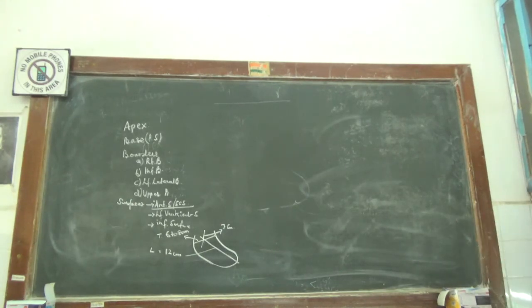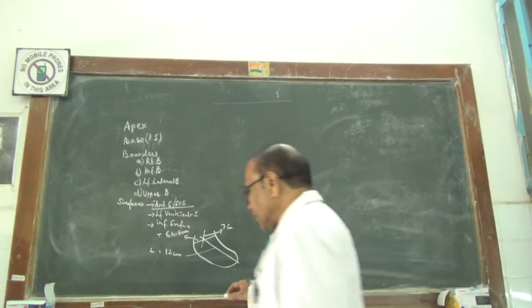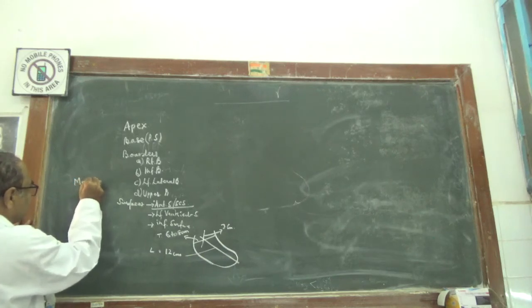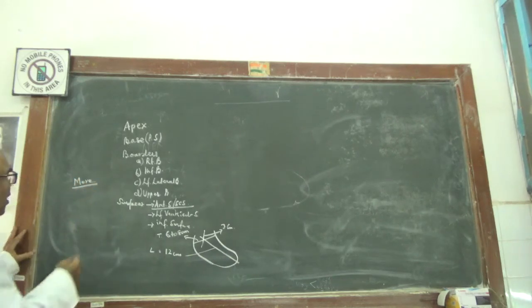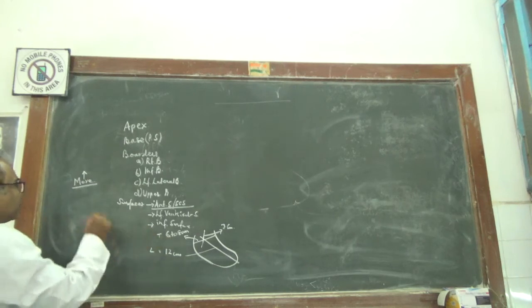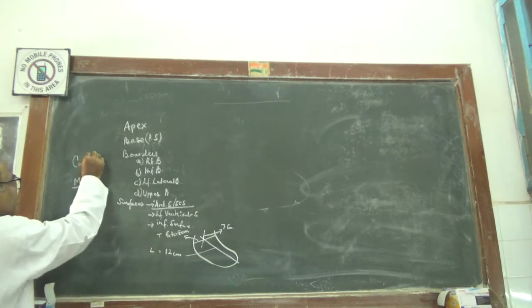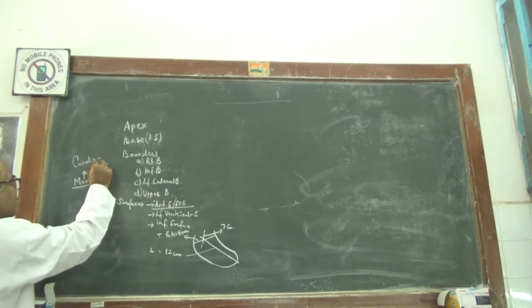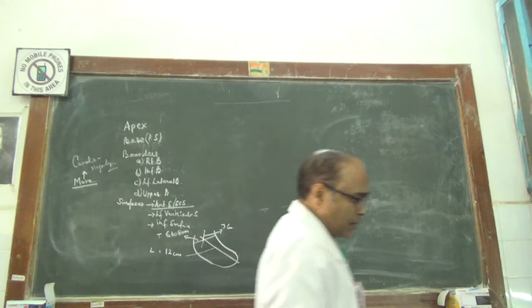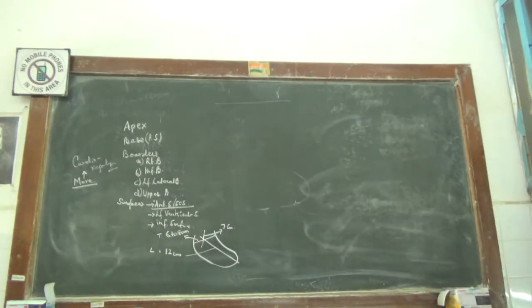Now if this dimension is increased more, that type of heart, with increase in the size of the heart, is known as cardiomegaly. This is an applied anatomy, that is also called hypertrophy of the heart.